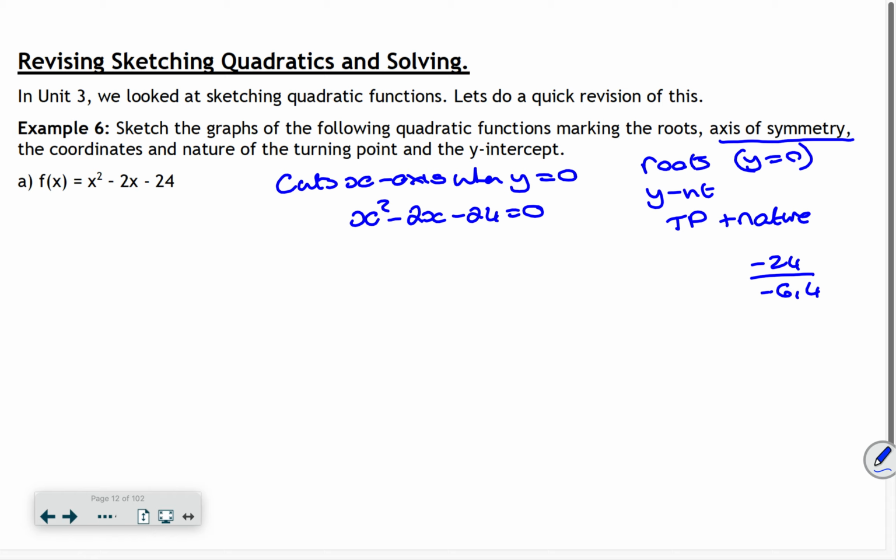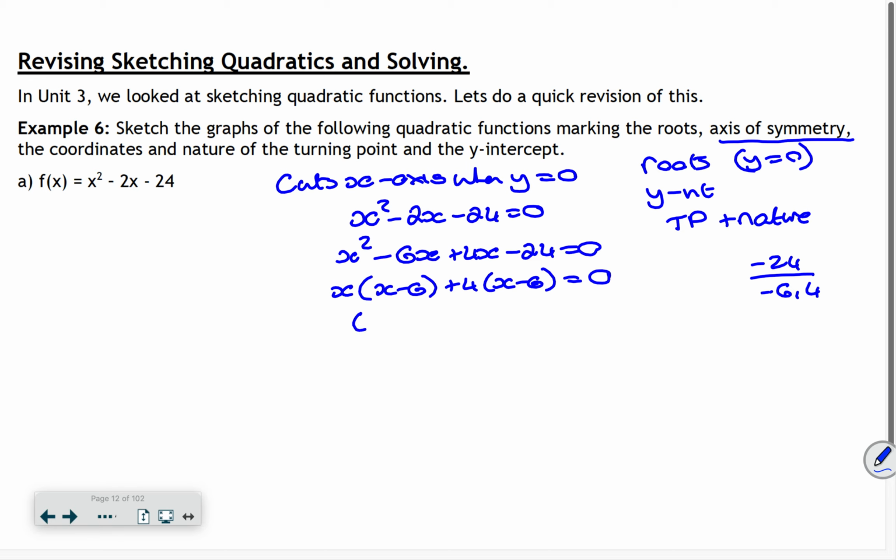So that will be x squared minus 6x plus 4x minus 24 equals 0. That will give me x bracket x minus 6 plus 4 bracket x minus 6 is equal to 0. So that will give us x plus 4, x minus 6 is equal to 0. So x is equal to negative 4 and x is equal to 6. So it cuts the x-axis at (-4, 0) and (6, 0).